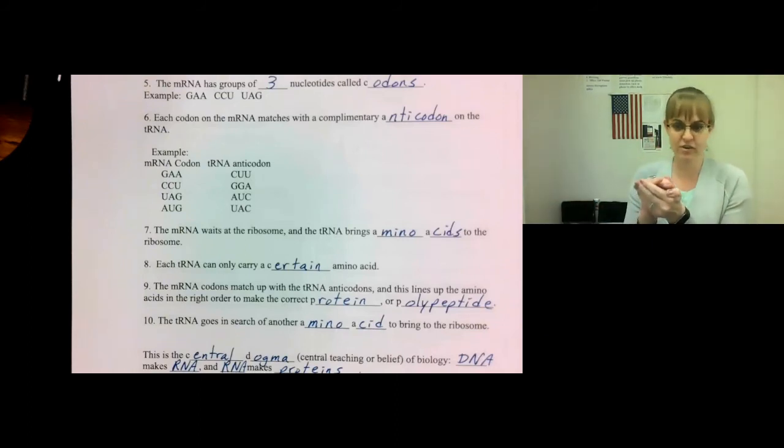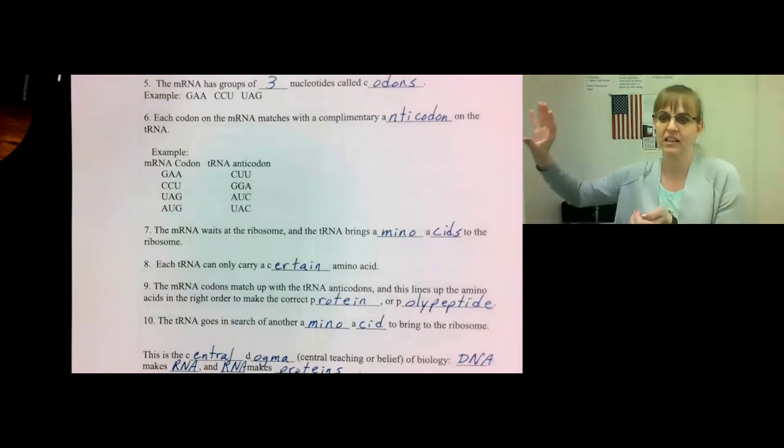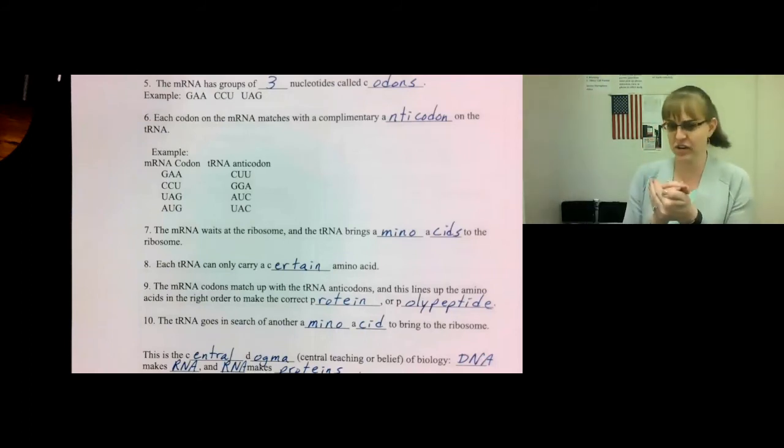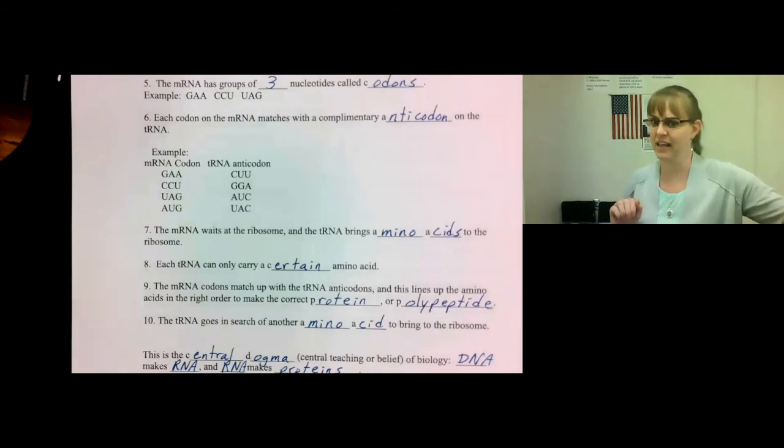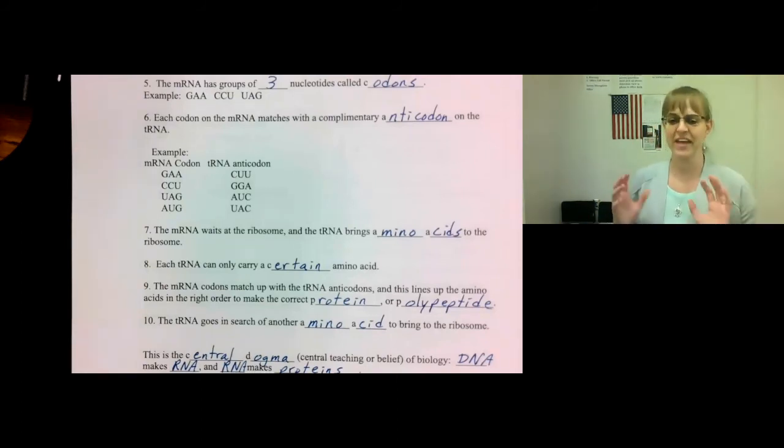So this little transfer RNA can carry leucine, and this transfer RNA can carry glycine. You get the idea. They can only carry one amino acid. There are actually 20 different types of amino acids that make up all the proteins in your body. So the amino acids are kind of like the alphabet, and the proteins it makes are kind of like the sentences.